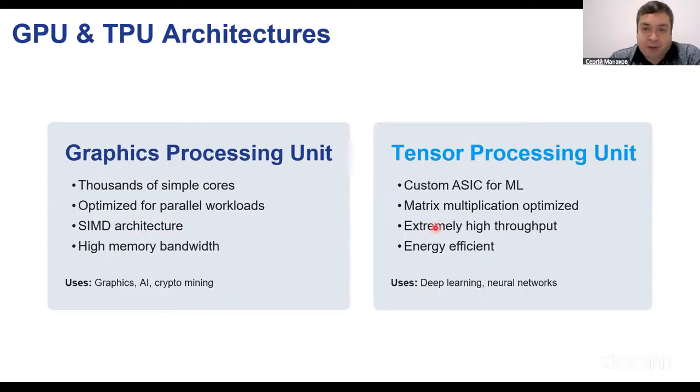TPU or NPU, neural processing unit or tensor processing unit, is used especially for AI and ML tasks, is optimized for matrix multiplication, has extremely high throughput and energy efficiency. But it cannot be used for simple general tasks like a regular CPU, only for its special tasks.